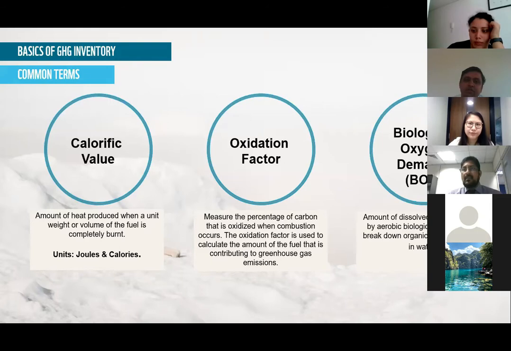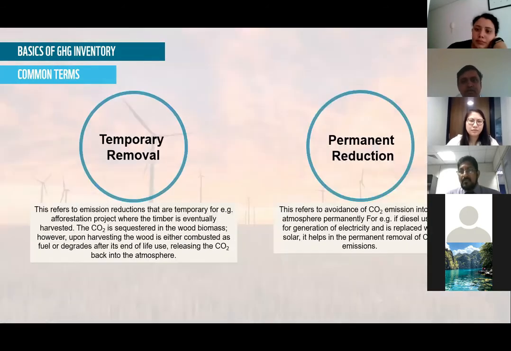And how much oxygen would be required for all the organic load to be oxidized, that is called the biological oxygen demand. And it's utilized, like I mentioned earlier, to calculate the methane emissions from the wastewater treatment process, because methane is the main emission that happens from the anaerobic decomposition of organic waste in the wastewater treatment process.